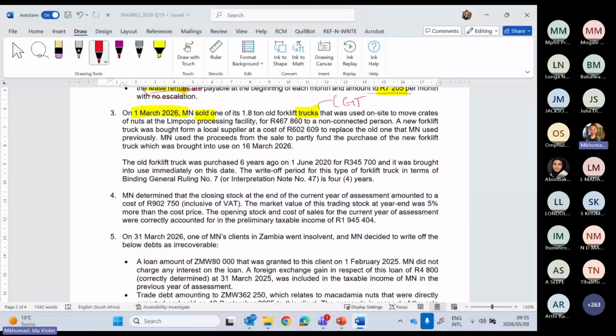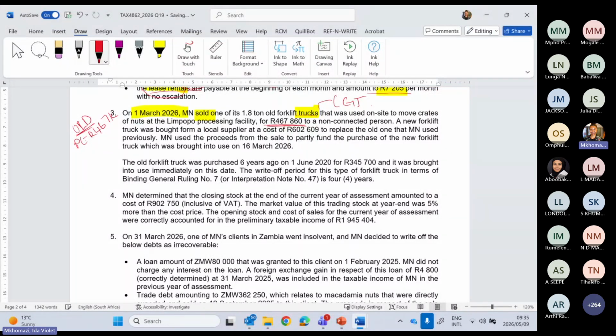So here, the company sold their old truck for 467,000 rands. So I have proceeds of 467.